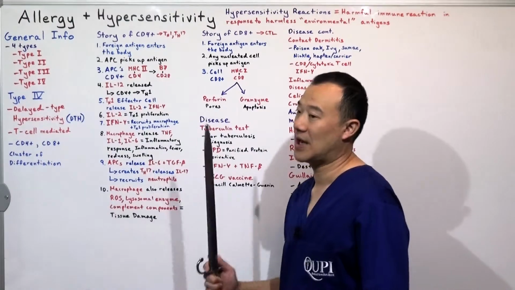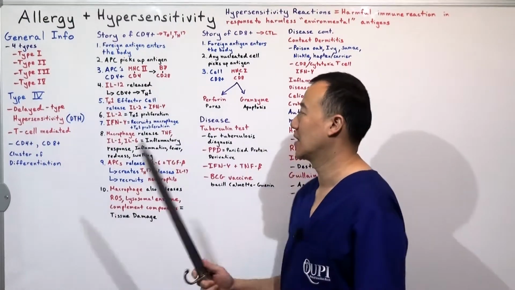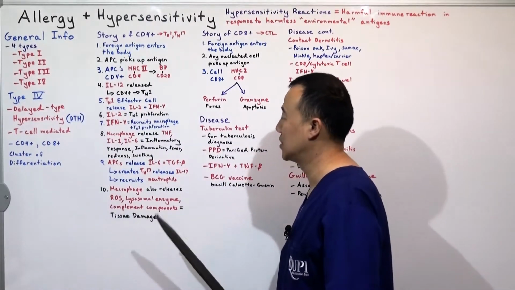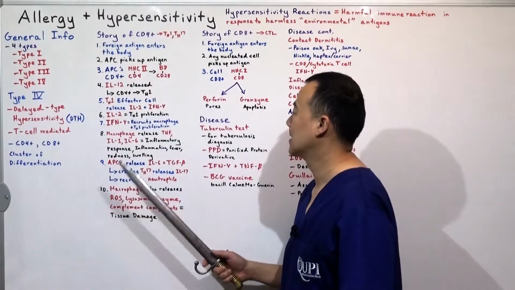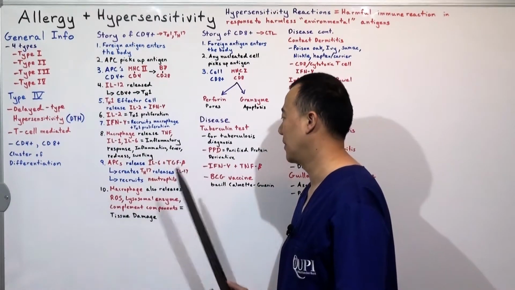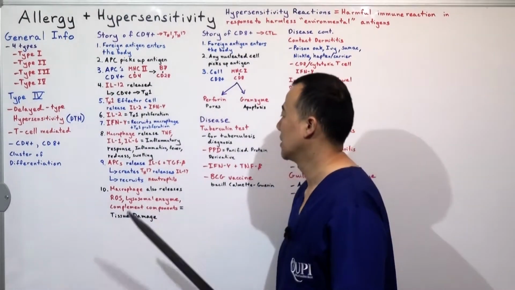So macrophages can be very destructive. Not only are they used for phagocytosis, but they also release all these fun stuff, the inflammatory factors and the tissue damage factors. Well, not cytokines for tissue damage, but the cytokines for inflammation and the chemicals for tissue damage.